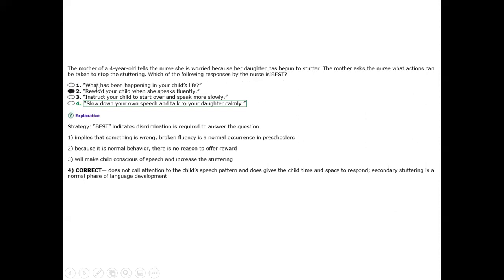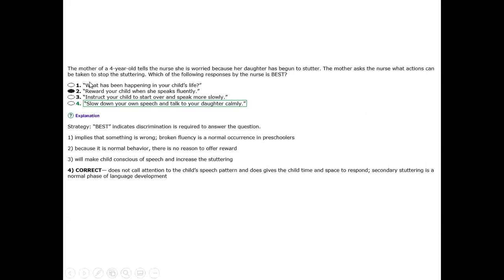Number 1, what has been happening in your child's life? Number 2, reward your child when she speaks fluently. Number 3, instruct your child to start over and speak more slowly. Number 4, slow down your own speech and talk to your daughter clearly.